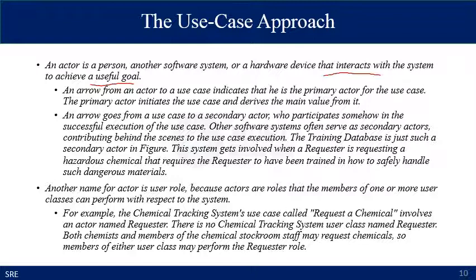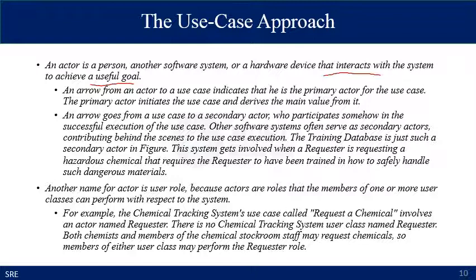On the other hand, if an arrow goes from a use case to another actor who participates somehow in the successful execution of the use case, other software systems serve as secondary actors, contributing behind the scenes to use case execution. The training database is just such a secondary actor in the figure described on the next slide.